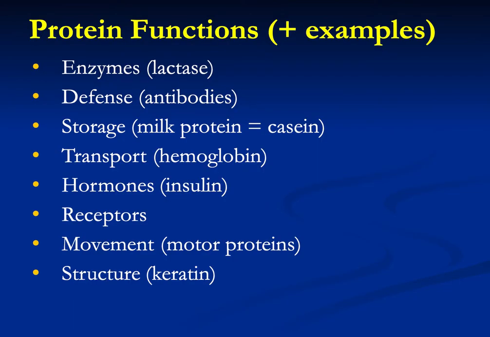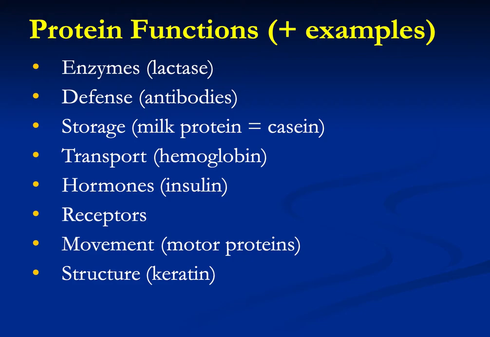So just to talk about the different functions and examples, casein is a storage protein in milk, and hemoglobin is a transport protein in the blood. It transports oxygen all throughout our body in the bloodstream. It's that protein that holds oxygen.